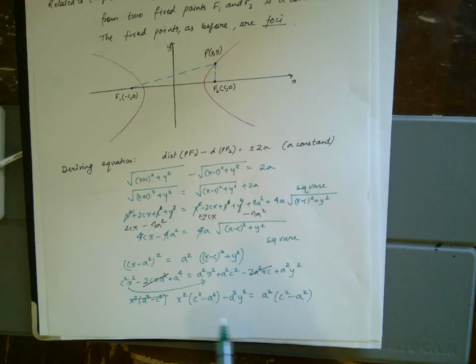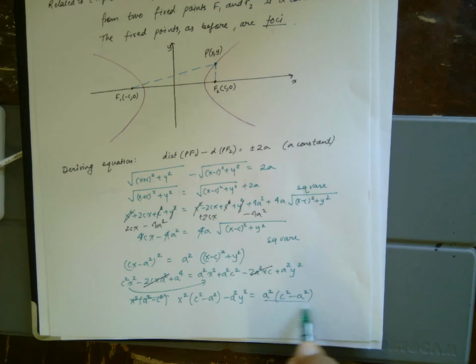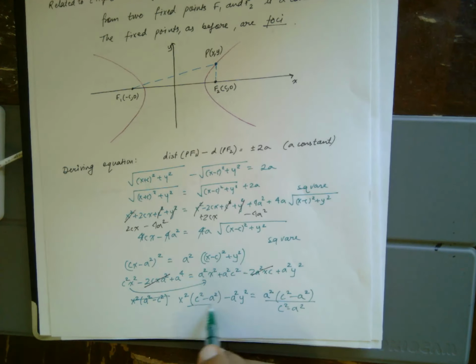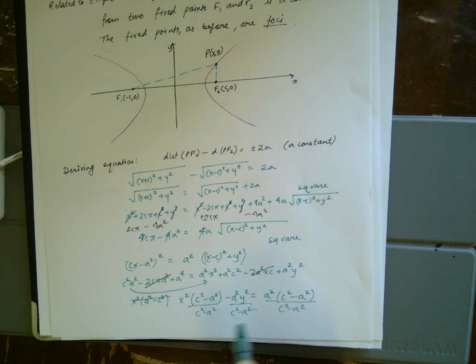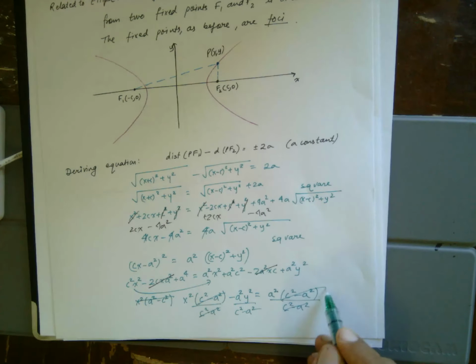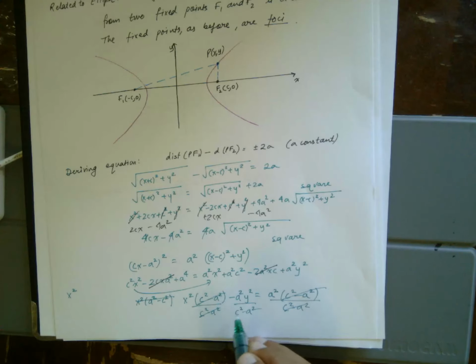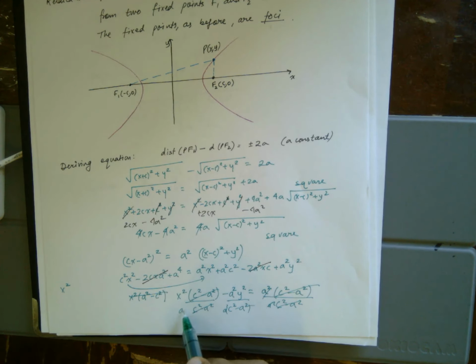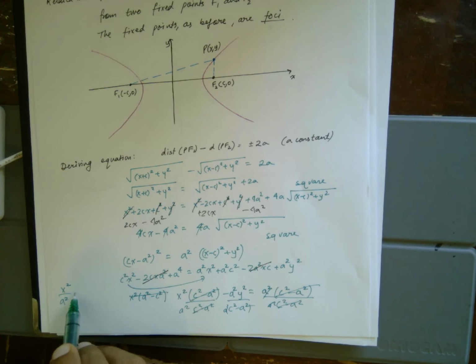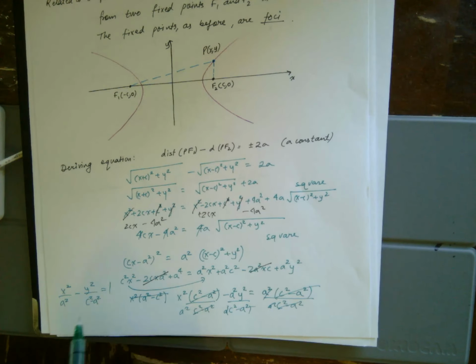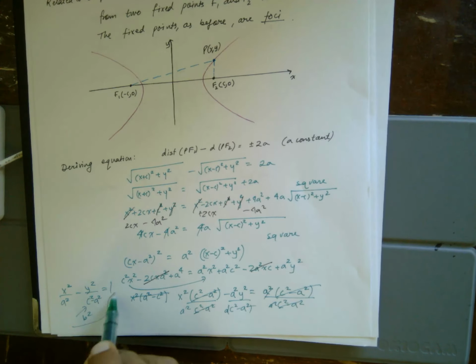And once again, divide by c squared minus a squared. Also divide by a squared, because we want a 1. So you get x squared over a squared minus y squared over c squared minus a squared equals 1, and then you let this be b squared.